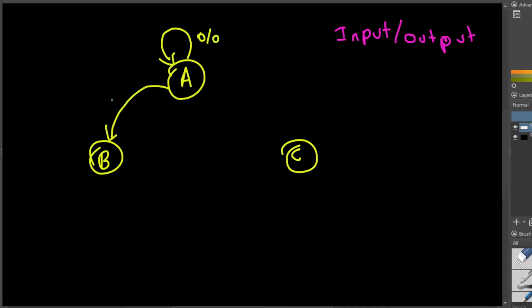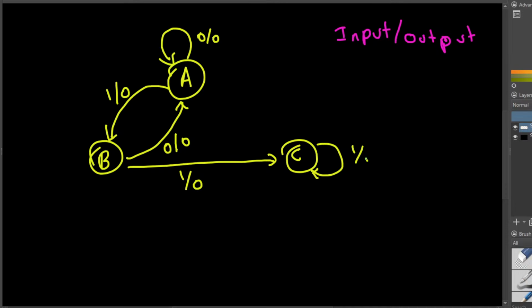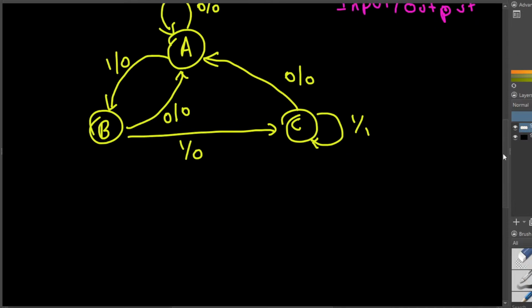And here input 1, output 0, input 0, output 0, and this one input 1, output 0, and this one input 1, output 1, and this one input 0, output 0. Okay, now let's go ahead and create the state table for this.